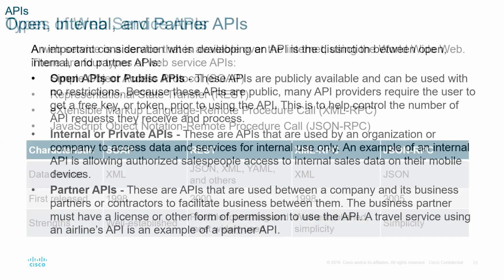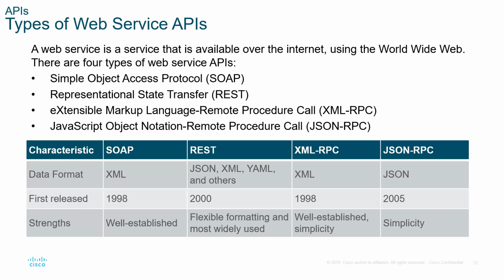Let's go. Types of web service APIs. A web service is a service that is available over the internet. And we have 4 types of web service APIs. Simple Object Access Protocol, representational state transfer, which is the most popular and the one we will learn in this course, that is REST.